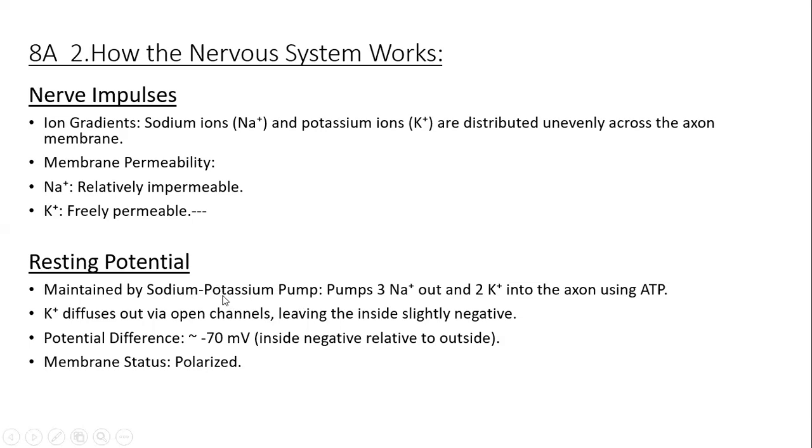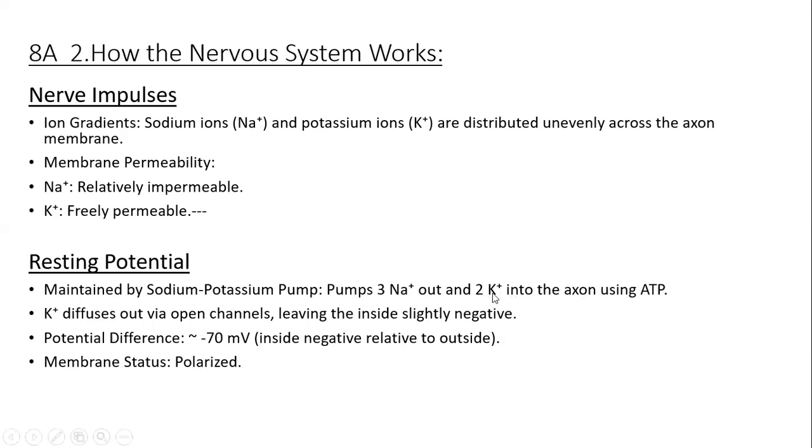Now this pump is an active transportation. Why? Because it is a pump. Pumping means it is going to pump using energy. So this is an active transportation against the concentration gradient. Why is there a concentration gradient?